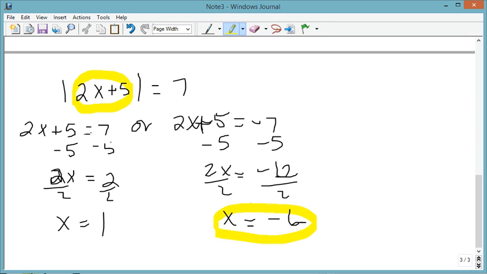These are my two answers. I would write my answer as the solution set, and most generally we would write them in order, left to right on the number line. That's not always the case, it's not a hard and true rule.